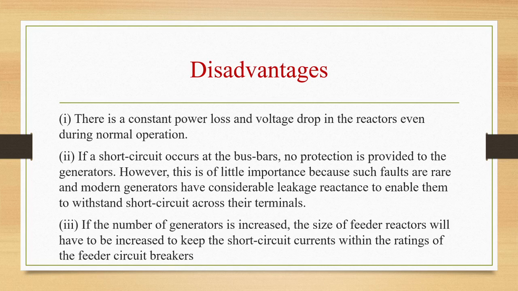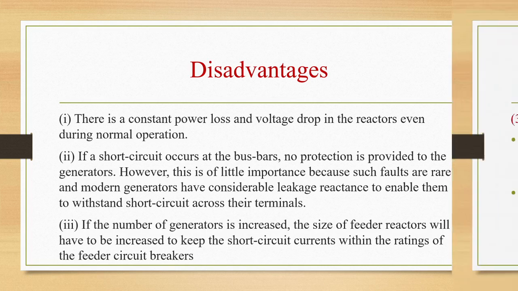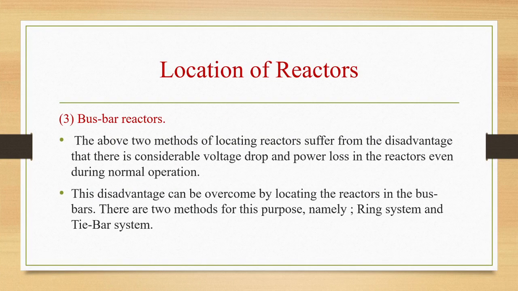However, this is of little importance because such faults will be very rare and modern generators have considerable leakage reactance to enable them to withstand short circuit across the terminals. Third one, if the number of generators is increased, size of feeder reactors will have to be increased to keep the short circuit currents within the rating of the feeder circuit breakers. Third is busbar reactors.